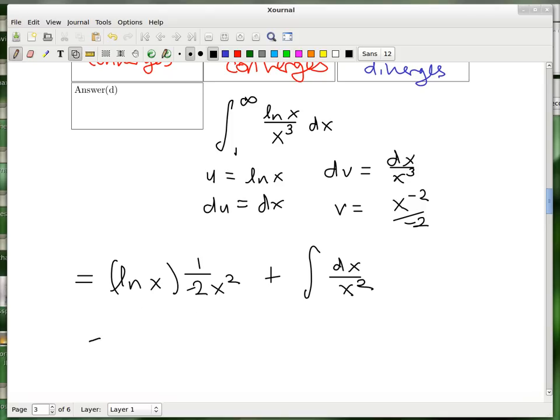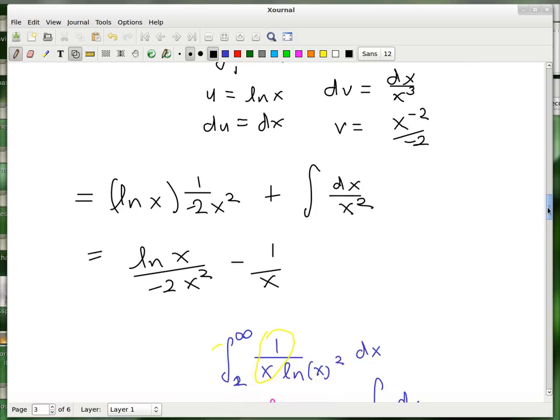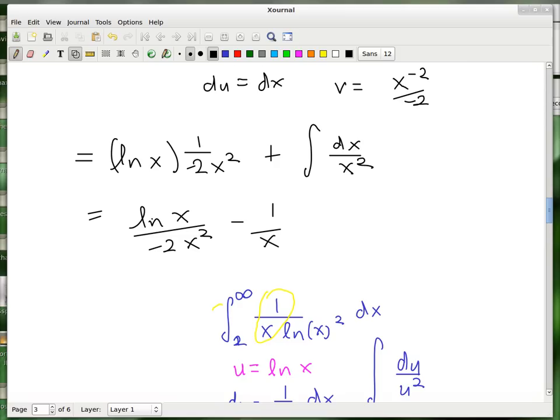Great. So we've got natural log of x over minus 2 times x squared, and now this part has become minus x to the minus 1. Okay, all right. And I can put the limits in. So the limits are supposed to go from 1 to infinity.